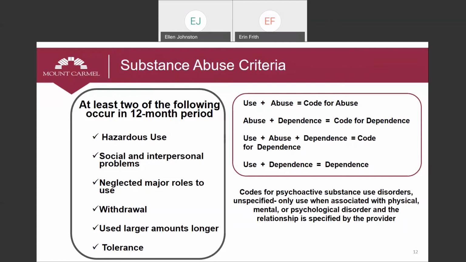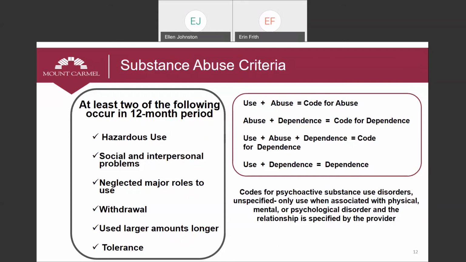On the previous slide, the differences between use, abuse, and dependence in ICD-10 were discussed. It is always important to be as accurate as possible when documenting the patient's condition. If two of these conflicting terms are used to describe the patient's condition, the most severe term will be chosen for coding purposes per ICD-10 coding guidelines.